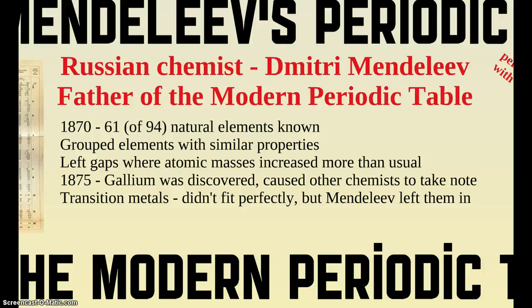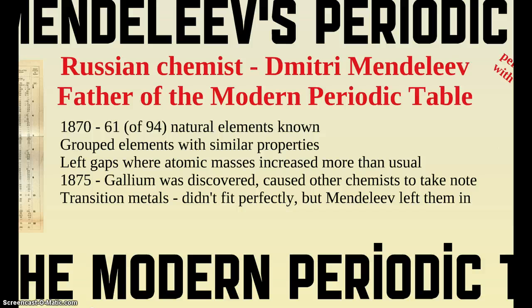But he left gaps for elements that were later discovered. And that was a huge insight. That really is what made people pay attention to what he had to say.